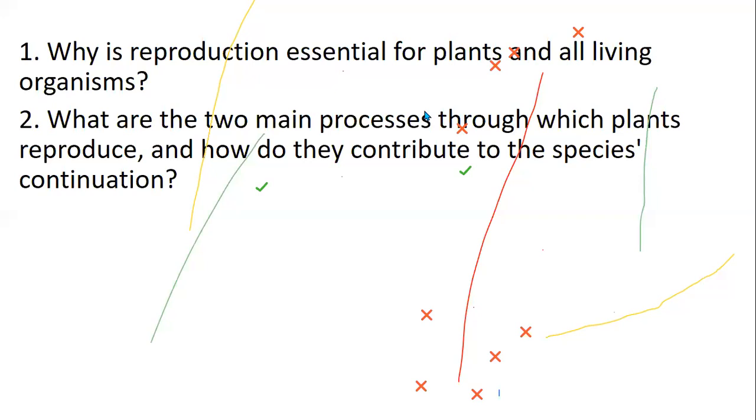Okay, thank you. So let's harmonize. I can see a few confusions here and there, but we are going to straighten them out. Now, sexual reproduction is simply the type of reproduction that involves 2 organisms of opposite sex, the male organism and the female organism.